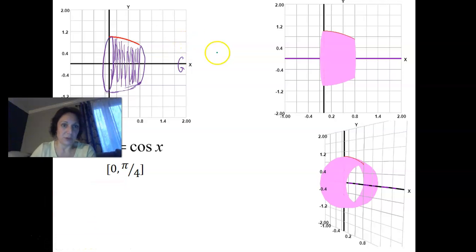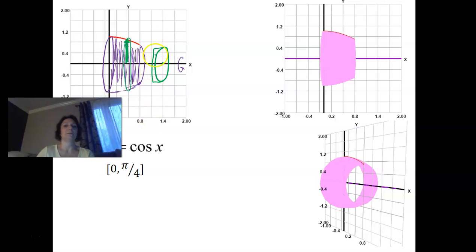So, check it out. I need one slice. So one little rectangle, right? And I'm going to take that rectangle and revolve it. Right? So what I'm going to get is something that looks like this. Okay.